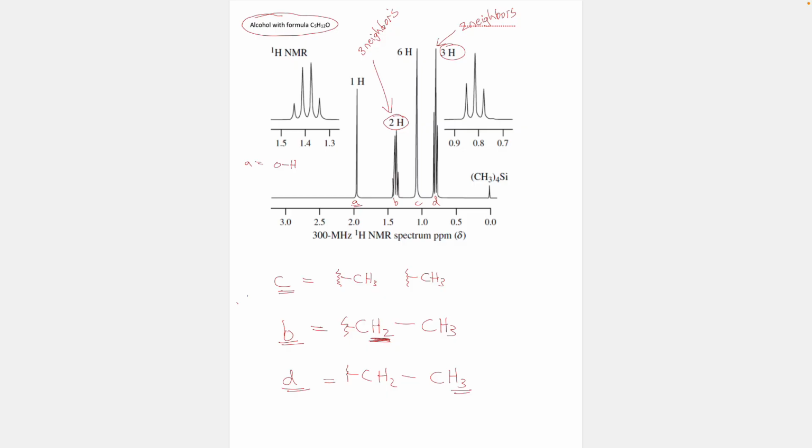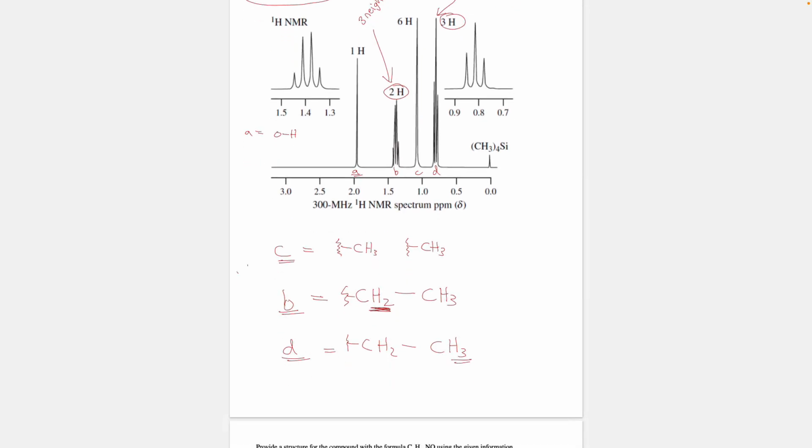There's a quartet and a triplet in a 2-to-3 ratio. That's telling you CH2 adjacent to CH3, so the molecule has an ethyl group in it. And then we know that the A signal we were talking about is the OH group.